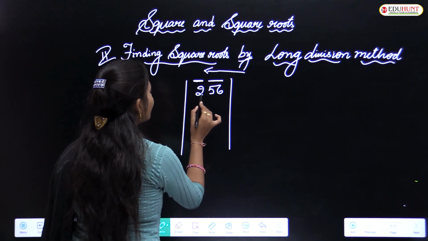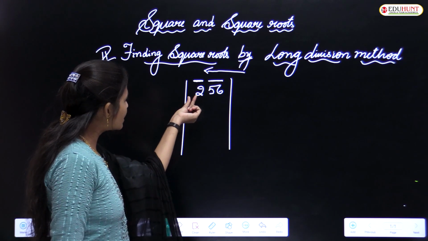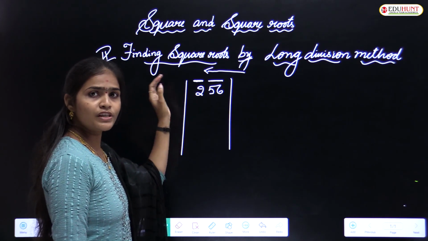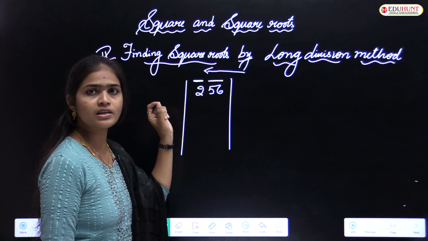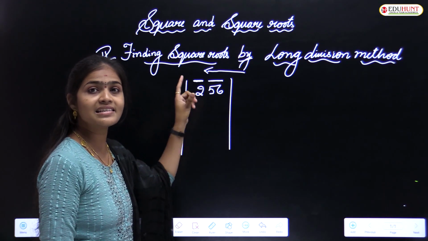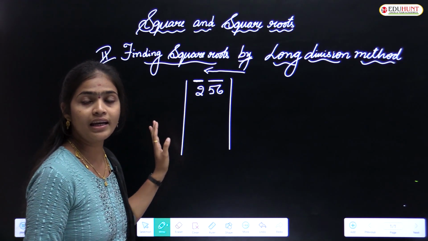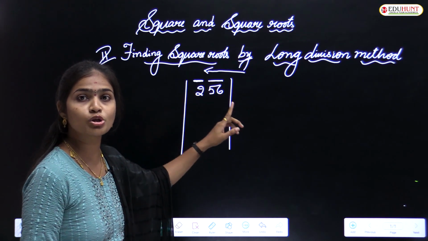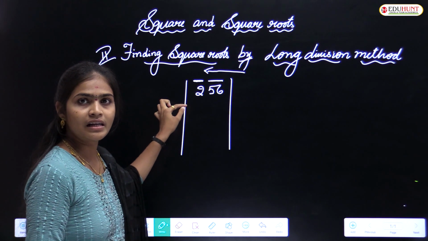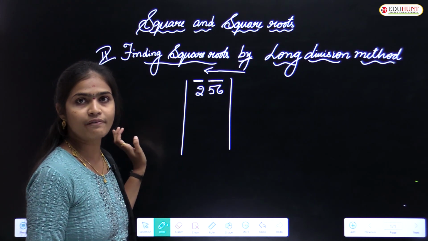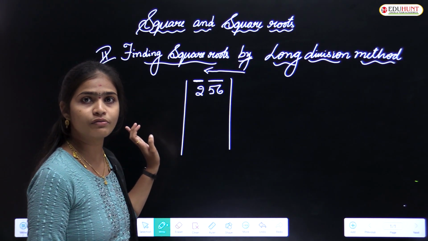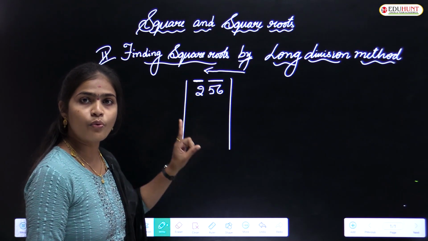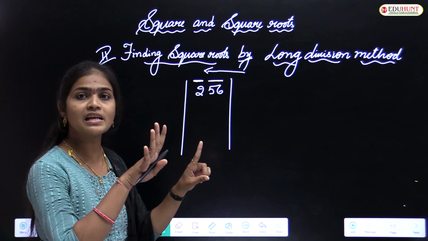So here the first number, what is that? That is 2. Whatever it may be, first you have to take its nearest square number, but the square number should be less than the first given number. What is the meaning of that? Here the nearest square numbers of 2 are 1, as well as 4.